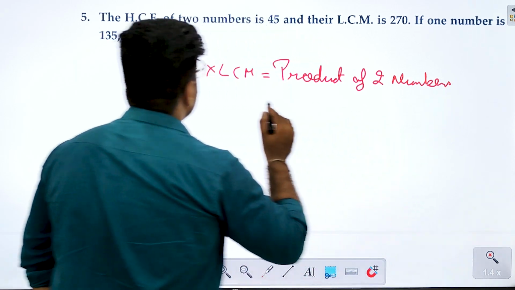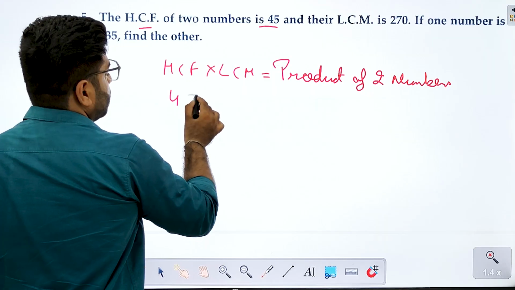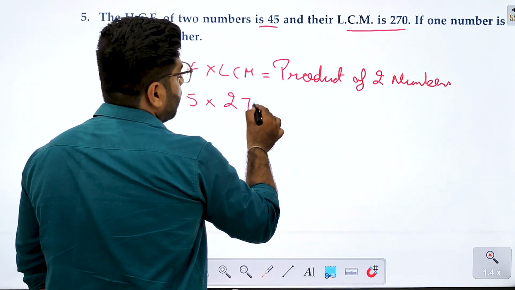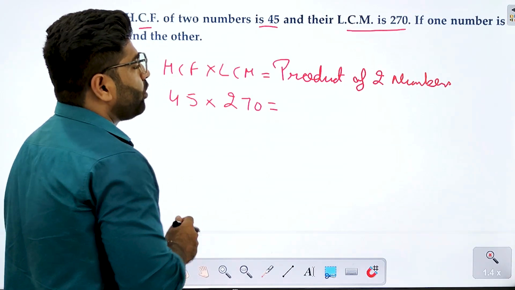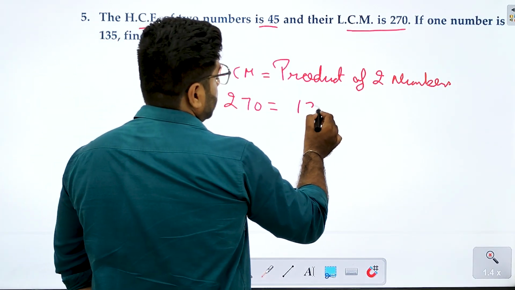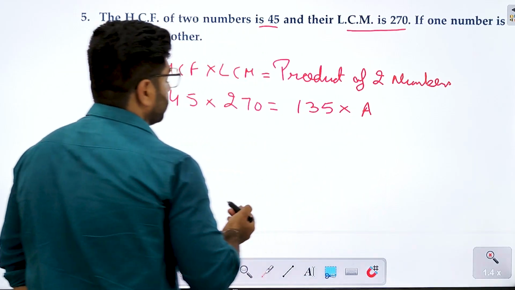Clear? So here HCF is 45 and LCM is 270. After that, we have the formula of the product of two numbers. One number is 135, and the second number we are finding.